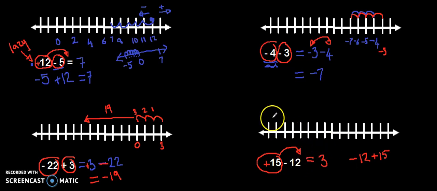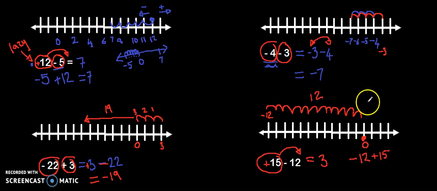If we were to do this calculation on the number line, we would start with -12 and move how many spaces to the right? 15. So that's 1, 2, 3, 4, 5, 6, 7, 8, 9, 10, 11, 12. Now because we've moved 12 spaces, this line indicates 0, but we haven't moved the other 3 spaces. 12 plus 3 is 15.